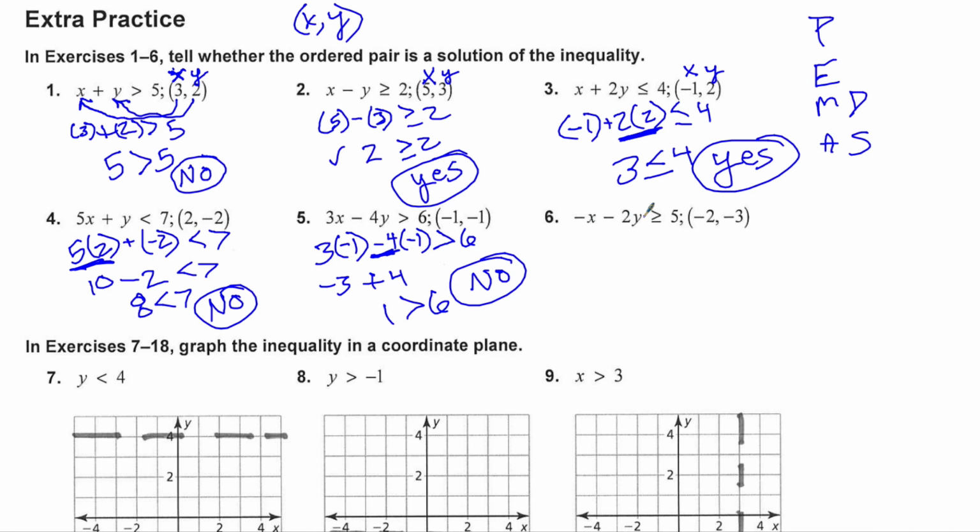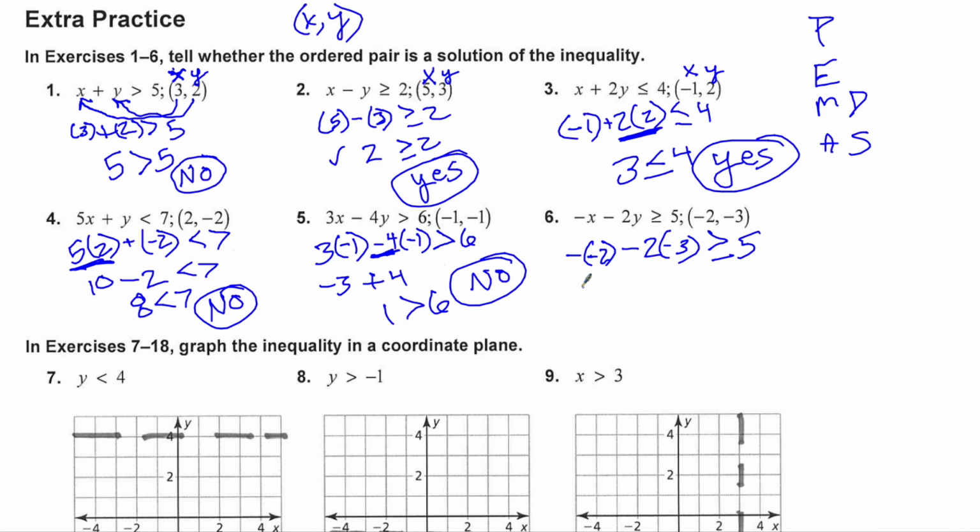Negative x minus 2y. Plug in our x and our y. So we have negative, and the x always goes in parentheses. So that's negative 2 inside the parentheses minus 2 times y, which is negative 3. All of that needs to be greater than or equal to 5. So now we do the multiplication. Negative distributed in there.